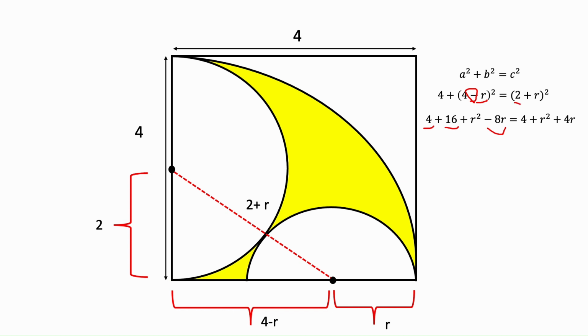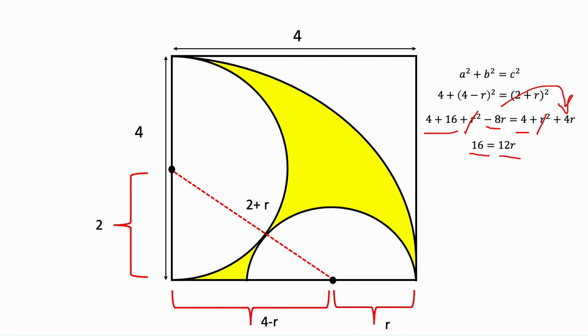And on the right side, 2 squared, which is 4, plus r squared, plus 2 times 2 times r, which is 4r. Now we want to simplify it. r squared will be cancelled by r squared. Here we have 20 and here we have 4, so we will have 16. And it's going to be 8r plus 4r, which is 12r.